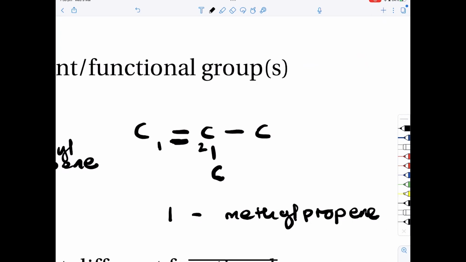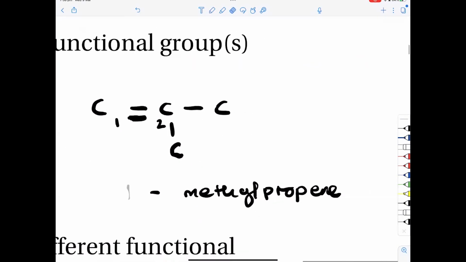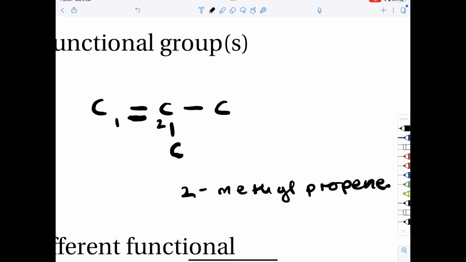Actually, let me pause for a moment. It should not be 1-methylpropene. I have a question for you all. Do I need to say this is 2-methylpropene? Do I need to call this 2-methylpropene? Any ideas?